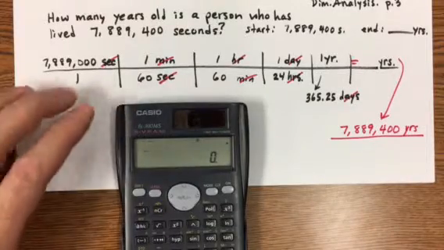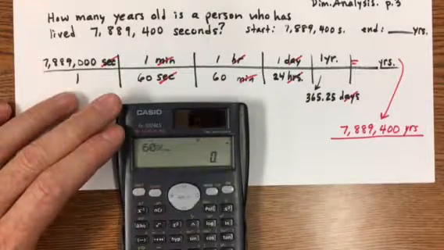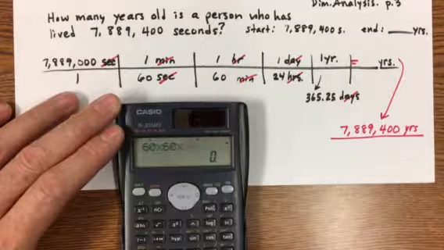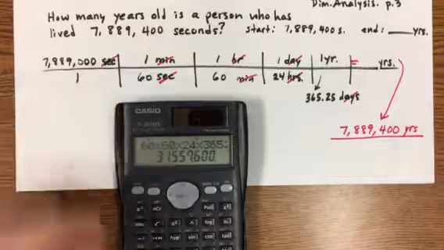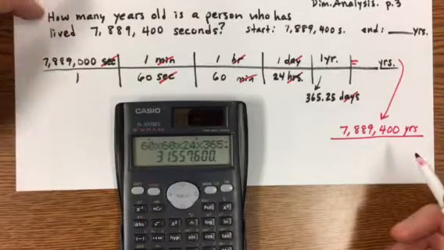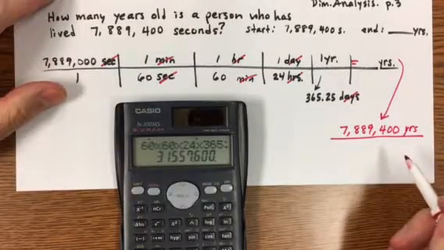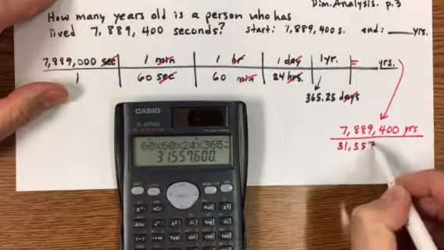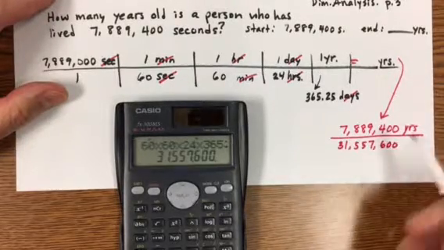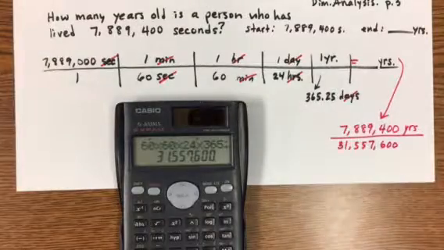So 1 times 60 is just going to be 60 times 60 times 24 times 365.25. It's going to equal 31,557,600. Now there's no unit because they've all canceled out.